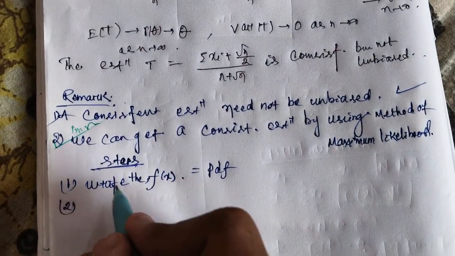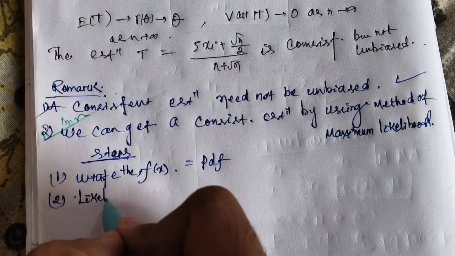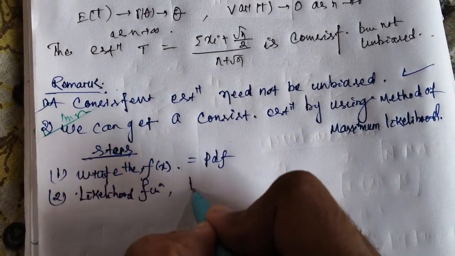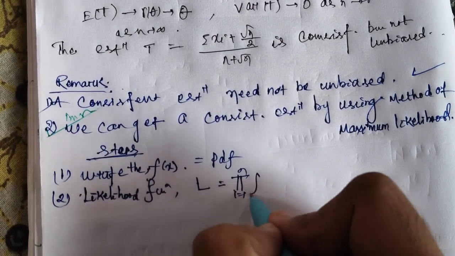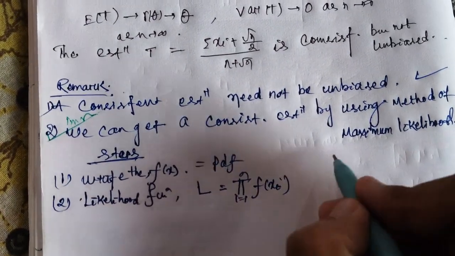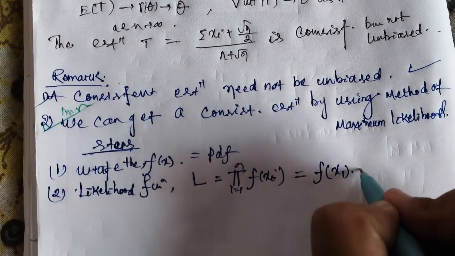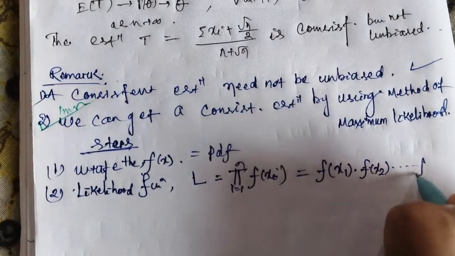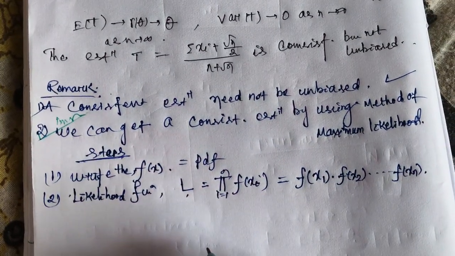Then you have to calculate the likelihood function, that is, L is the product of f(xi): f(x1) into f(x2) up to f(xn). This will give you the likelihood function.